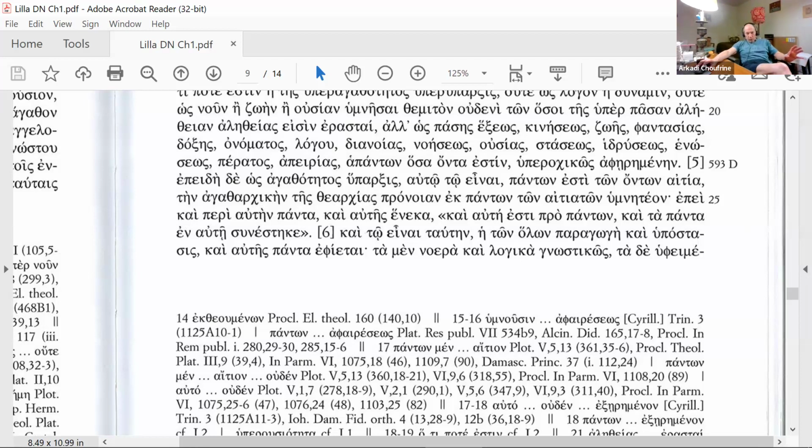I would call them pointers to this ultimate level, which cannot be named but can be pointed to, and he uses different pointers.